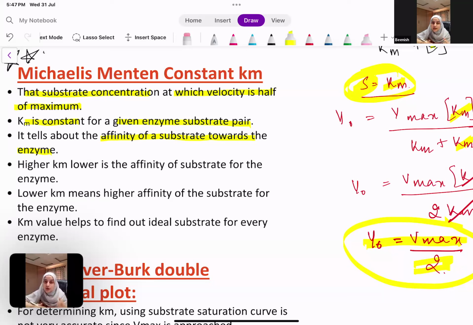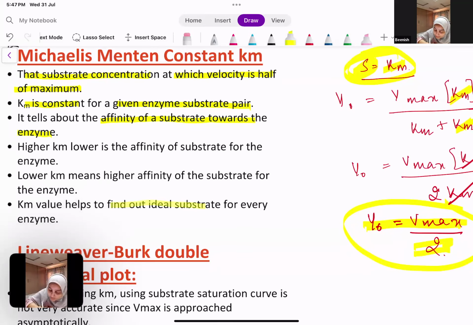Whereas lower Km means you need a little amount of substrate concentration and you will be able to achieve half of the maximum velocity. That means the affinity between the substrate and the enzyme is high. So lower Km means the affinity is good, and higher Km means the affinity is low. So the Km value helps to find out the ideal substrate for every enzyme.